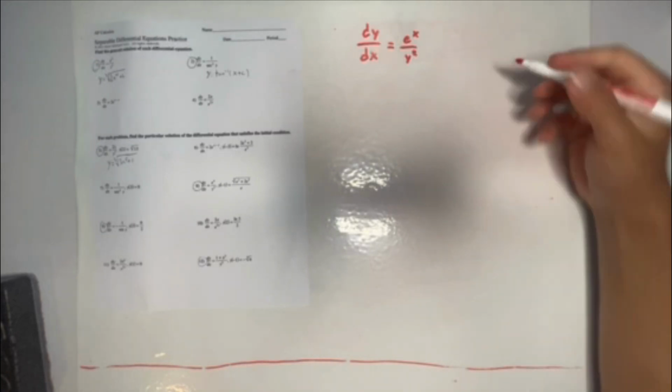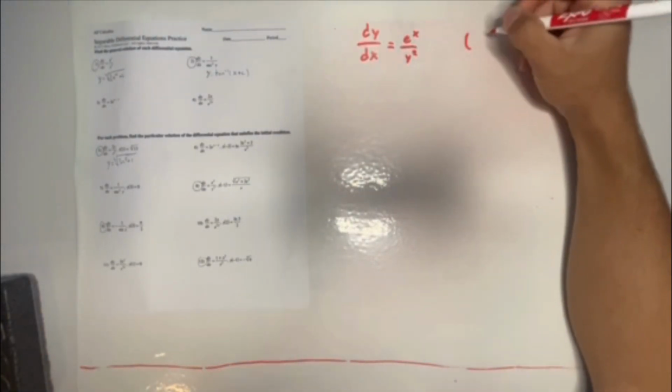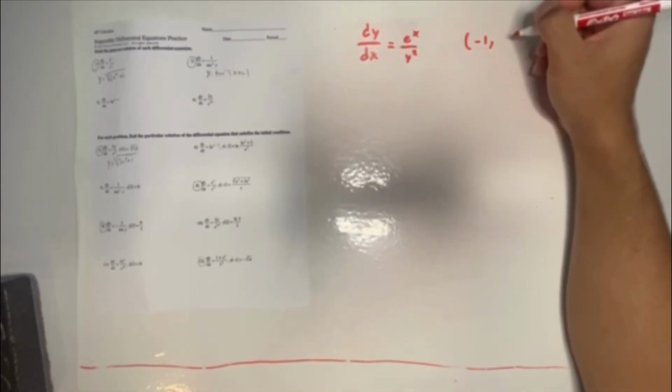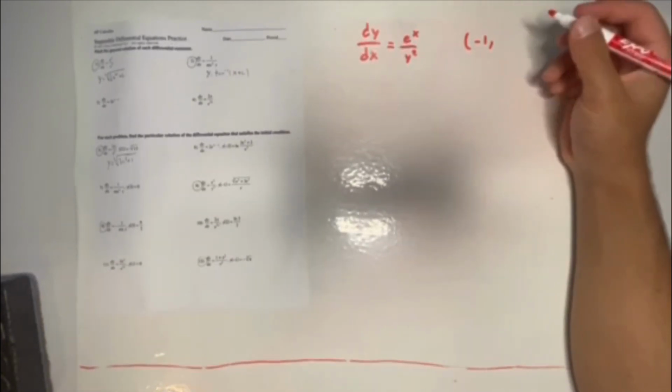All right, number 8. So we have an equation here. First thing that I'm going to do is write out the coordinate it gives us, or the x and y value. I'll write that over here. So our input, or our x value, is going to be -1.